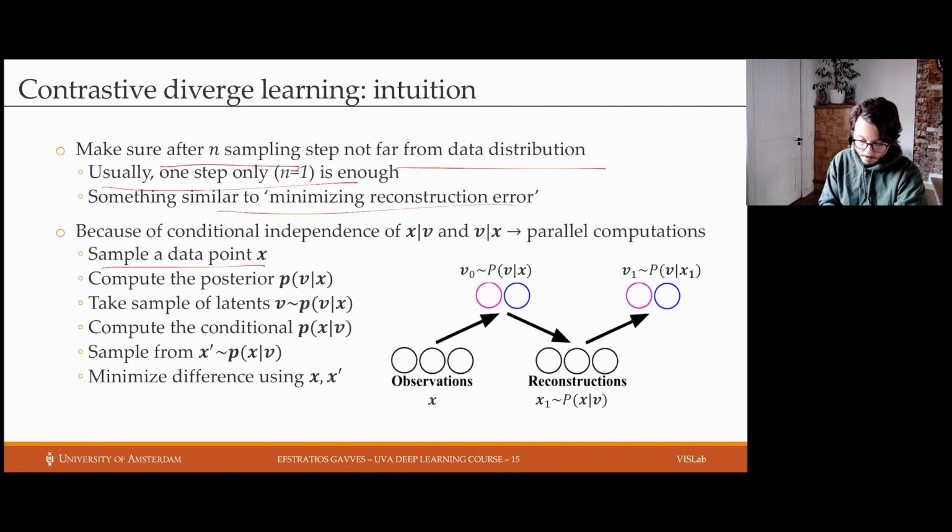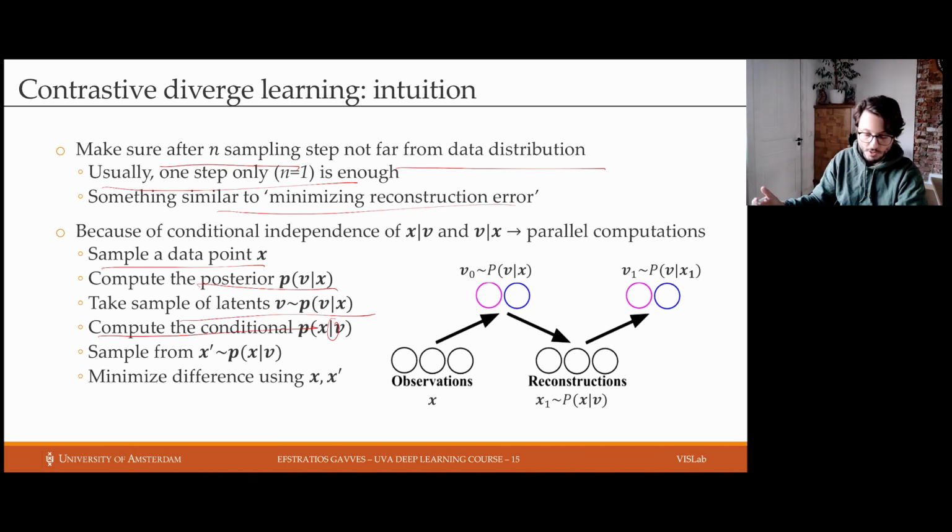Given our data point x, we compute our posterior function p of v given x. We take a sample from it, and based on our latent variable, we feed it to our second conditional. We obtain a new version of our input.